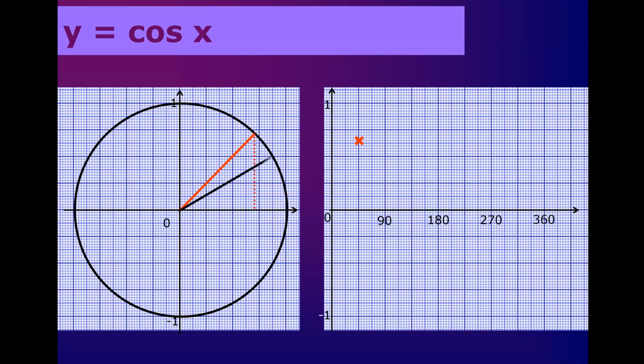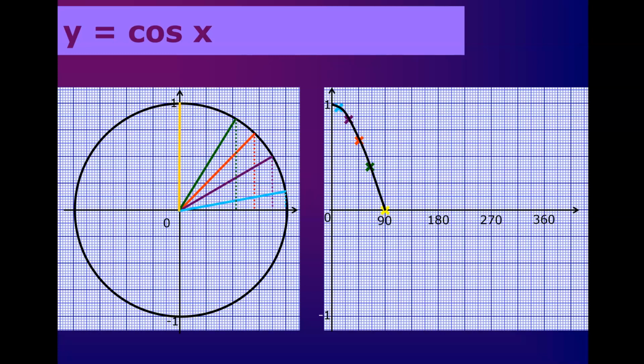As you make the angle smaller, this length here, or the value on the y-axis, gets bigger. It goes all the way up to 1. So when you do cosine of 0, you should get 1, and likewise, if you do the cosine of 90, you will get 0.